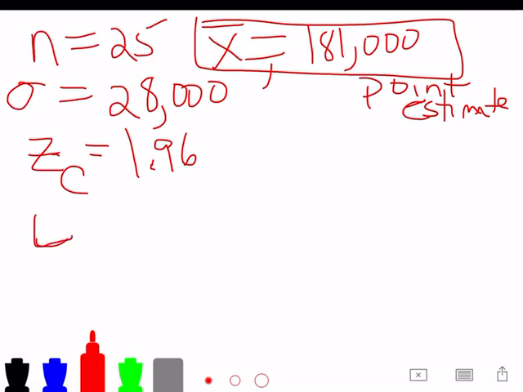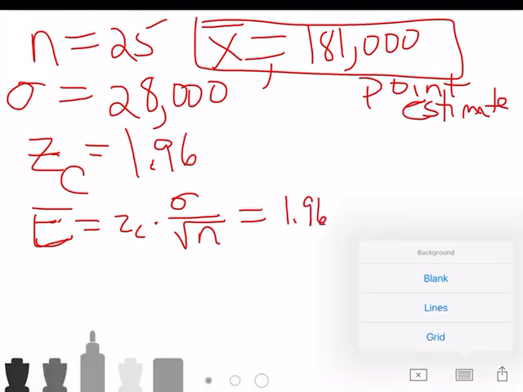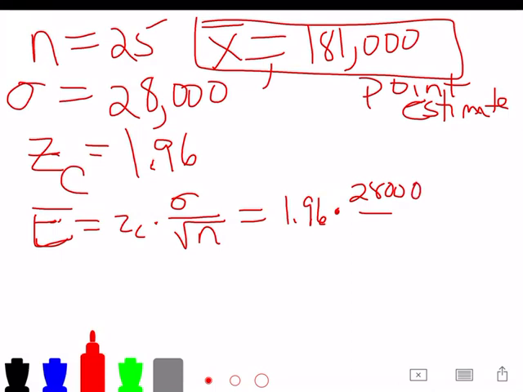E equals z sub c times sigma over the square root of n, because we know sigma. Otherwise, you'd have to be using t and s. But anyway, 1.96 times 28,000 divided by the square root of n, the square root of 25, which actually, I'm going to grab my calculator.